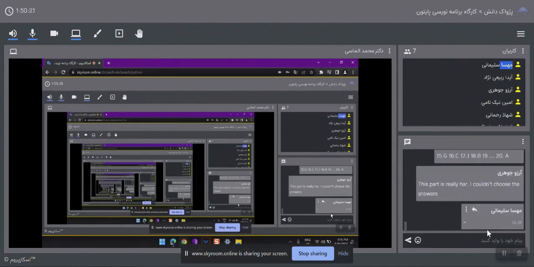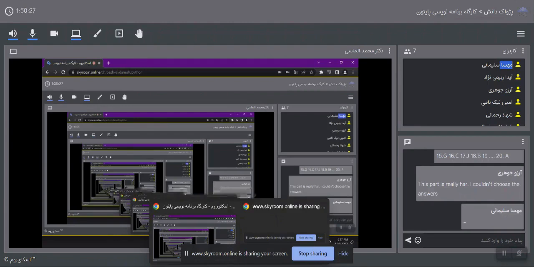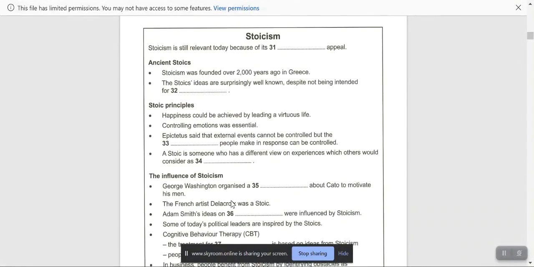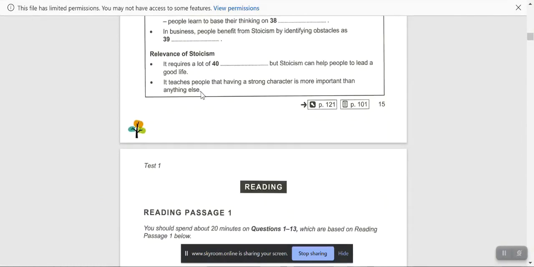The thing for the last part, part four, is that they ask you, as you heard, to follow all the 10 questions at the same time. And they start to talk about question number 31 to 40.